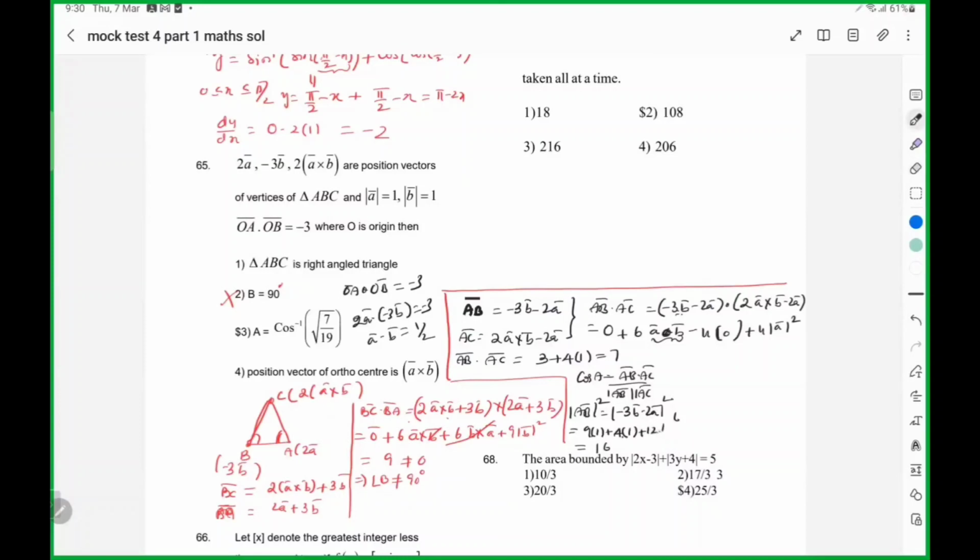Plus 12 times A dot B, that is 6, which is totally 19. And mod AC will be mod of 2 times A cross B minus A.